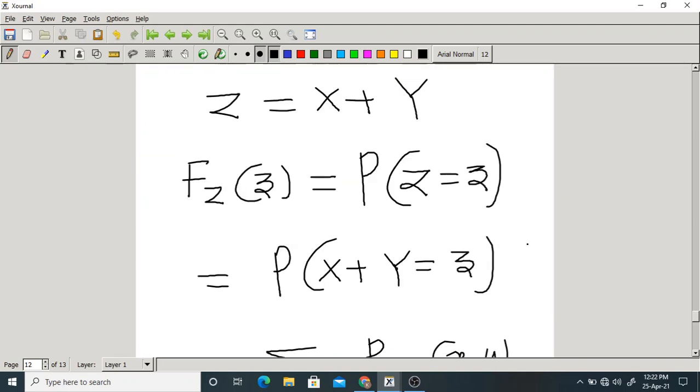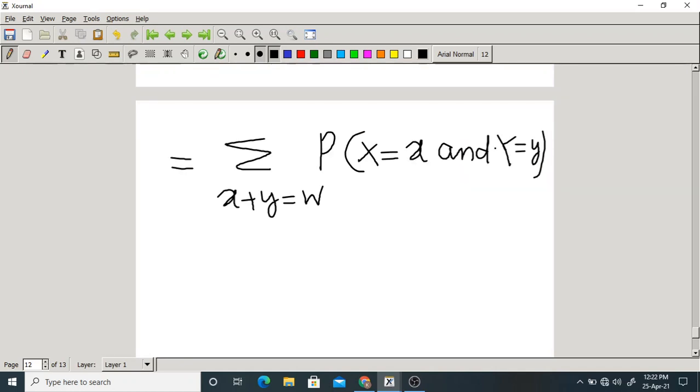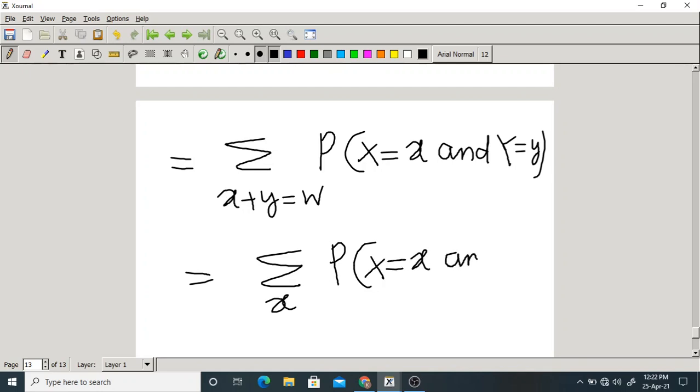But what is y? If you write the small values, z equal to x plus y. From this, what is y? Z minus x. Now I can write this, taking only with respect to x now, as summation over x, probability that X equal to x and Y equal to z minus x.